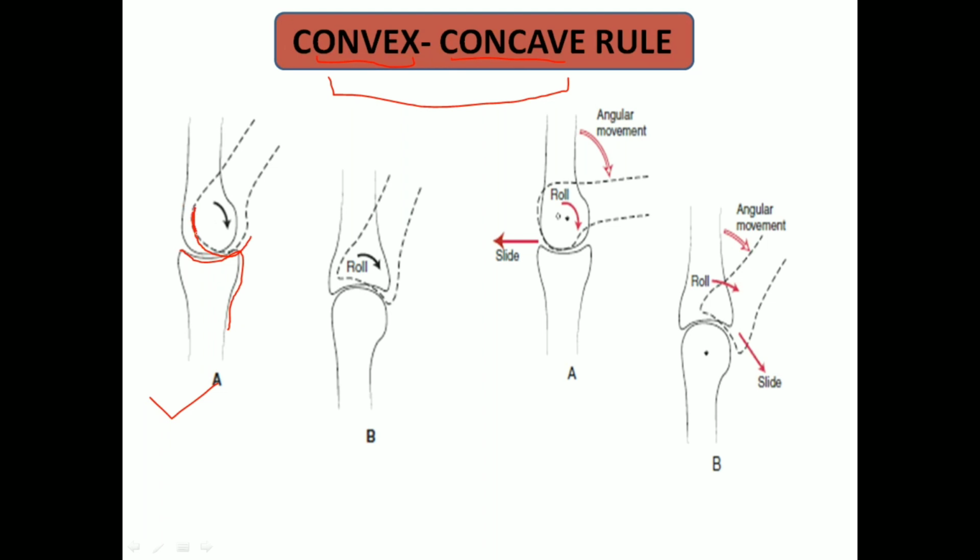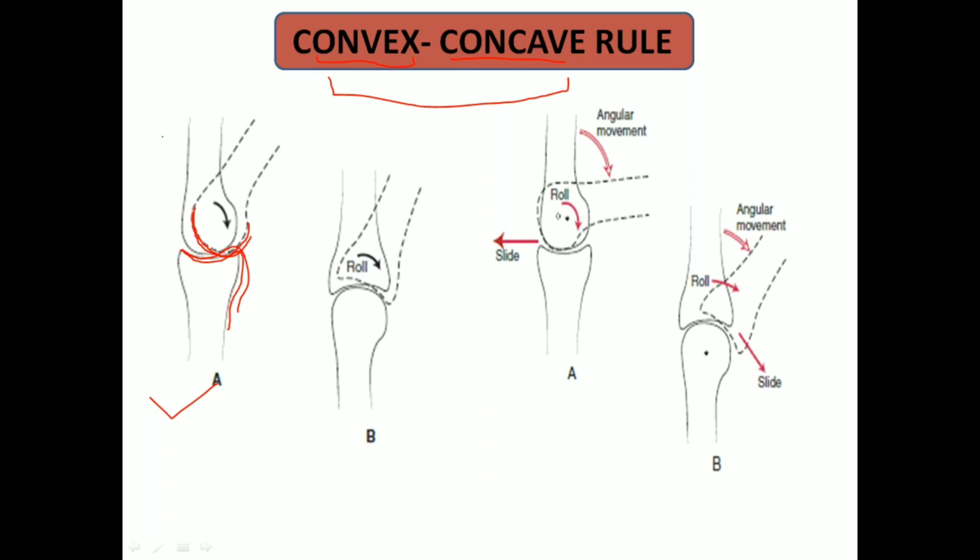So here you can see this is convex and this is concave. I hope this is clear. If you make a fist with your hand, that whole surface looks convex, and if you keep your palm in a cup shape, that curve represents the concave shape.